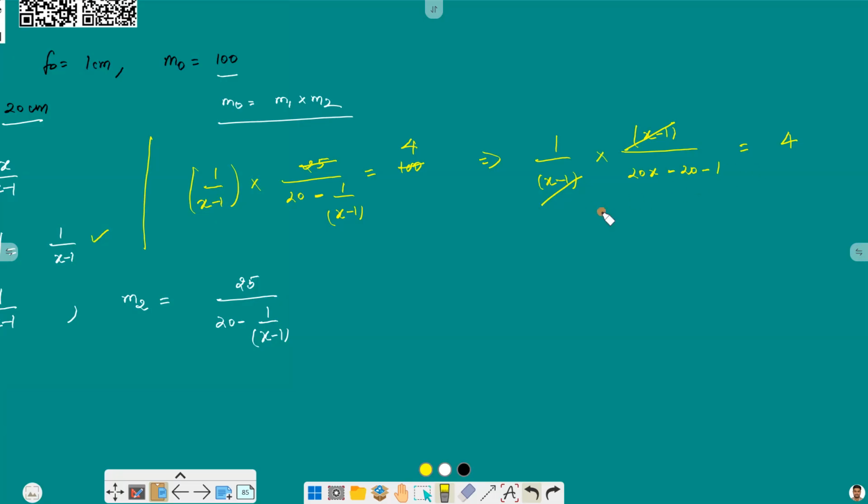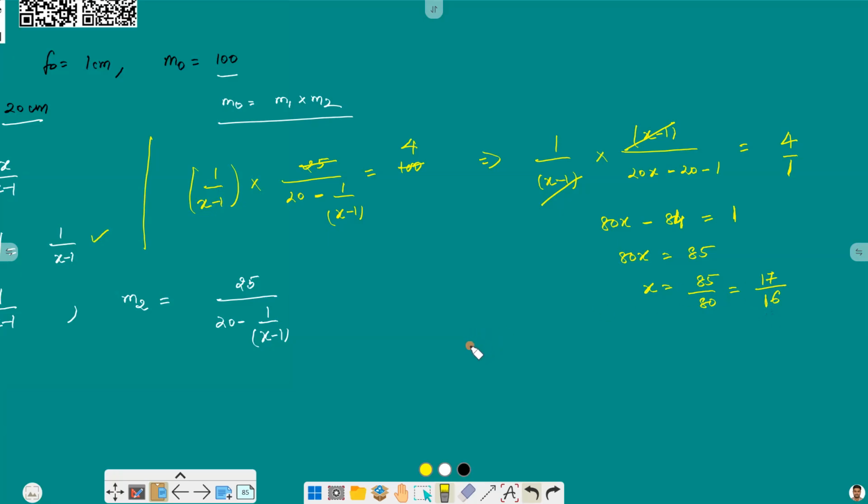If we cross multiply it, this is 4 by 1 basically. So we will get 80X minus 84 is equal to 1. So 80X is equal to 85, and X is equal to 85 by 80. That will give us 17 by 16. This will give us the value of X.